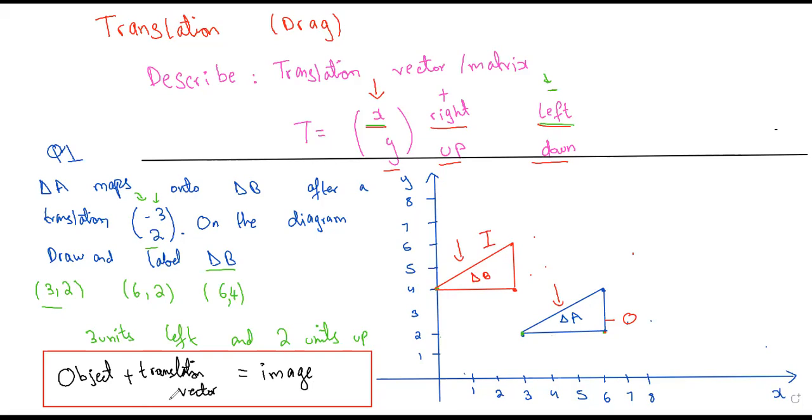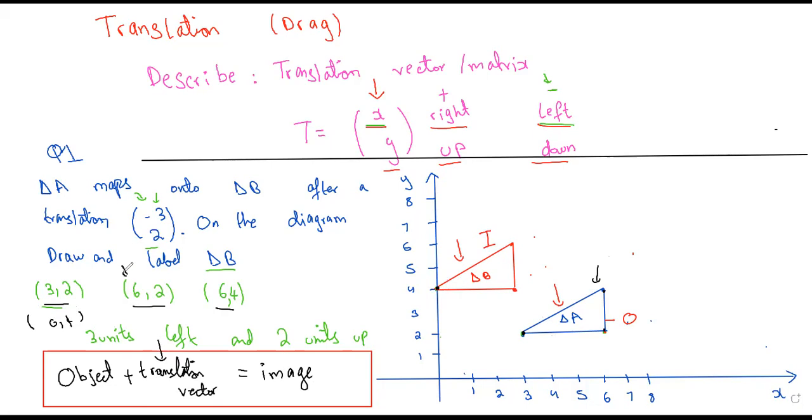So every time you have been told that it is a translation, you would be having an object. You can see the coordinates, okay? 3, 2, 6, 2, 6, 4. You need to add the translation vector. So when I add the translation vector to 3, 2, what am I going to get? I would get 0 and 4. And you can see that this coordinate is 0 and 4.